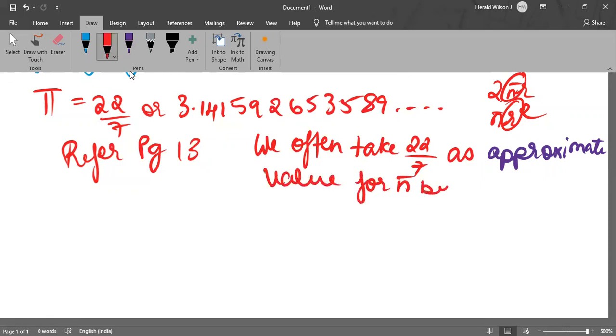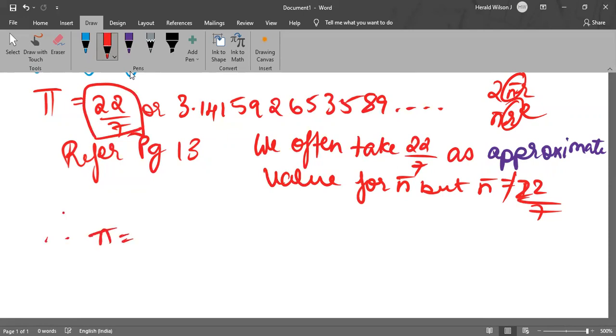But pi is not equal to 22 by 7. That means we are taking this as an approximate value, but that doesn't mean that pi is equal to this. So, of course, thereby I can say pi is not a rational number.